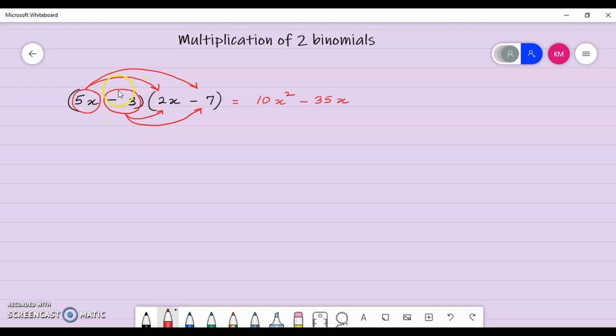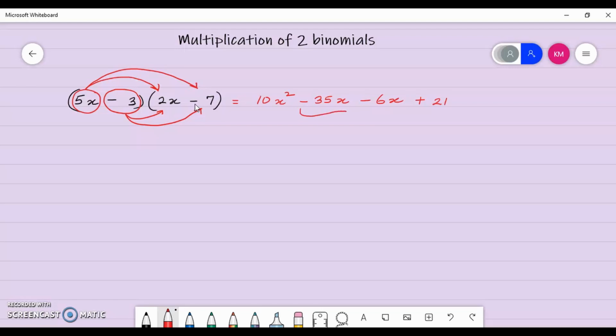Next, I move on to that second term. Negative 3 multiplied by 2x gives negative 6x. And negative 3 multiplied by negative 7 gives positive 21.